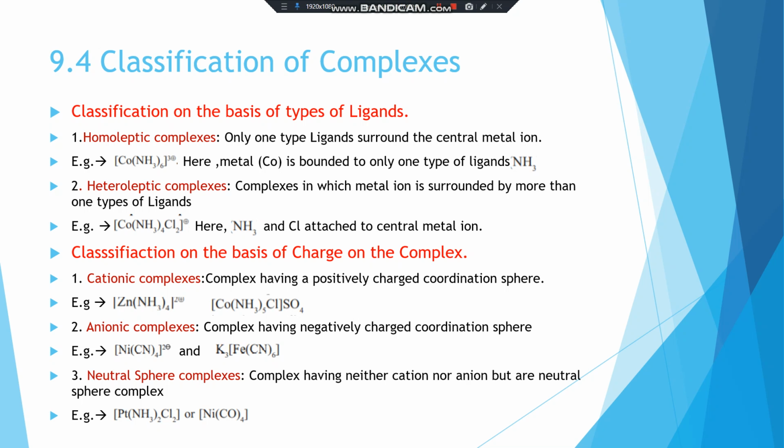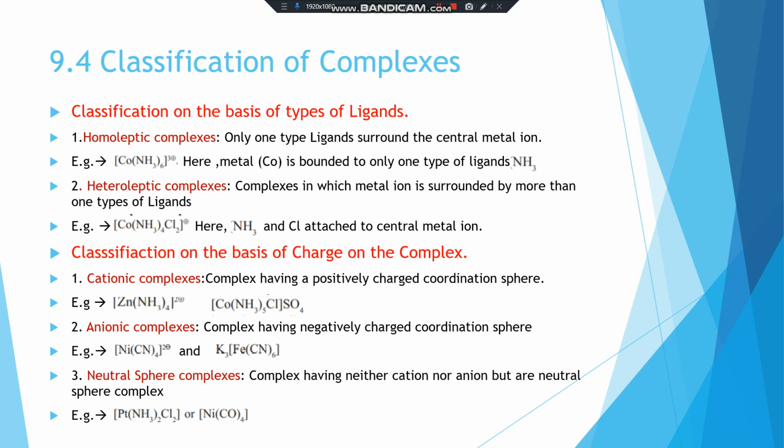The first is homoleptic complexes. Consider [Co(NH3)6]3+. Here only one type of ligand surrounds the Co3+ ion. The complexes in which the metal ion is bound to only one type of ligand are homoleptic. Heteroleptic complexes, look at the complex [Co(NH3)4Cl2]+.